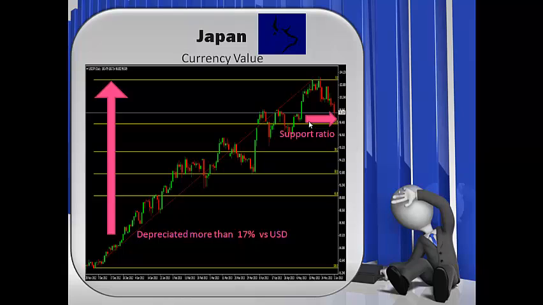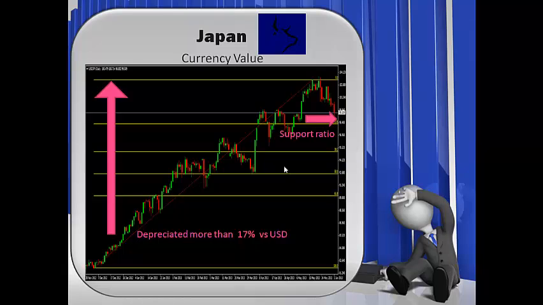Right? Currency value. This is the same graph, but look at what happened based on what they were trying to accomplish. In this case, they're trying to pump money into the market. Remember what we said about supply and demand. When the government increases the supply by pumping money, by buying stocks, 200 trillion, 270 trillion, they increase the supply.